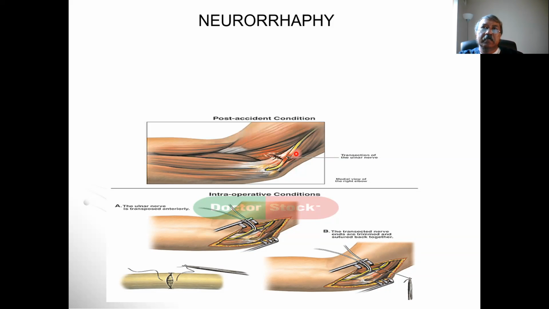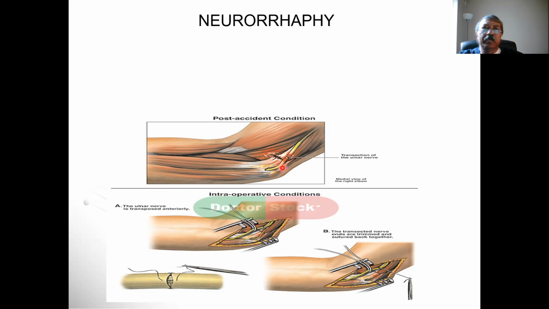In that case, what the surgeon does is release this area and transpose the nerve. They put the nerve behind the muscle group to keep it covered with the muscle and not create any type of friction injury with the bone.